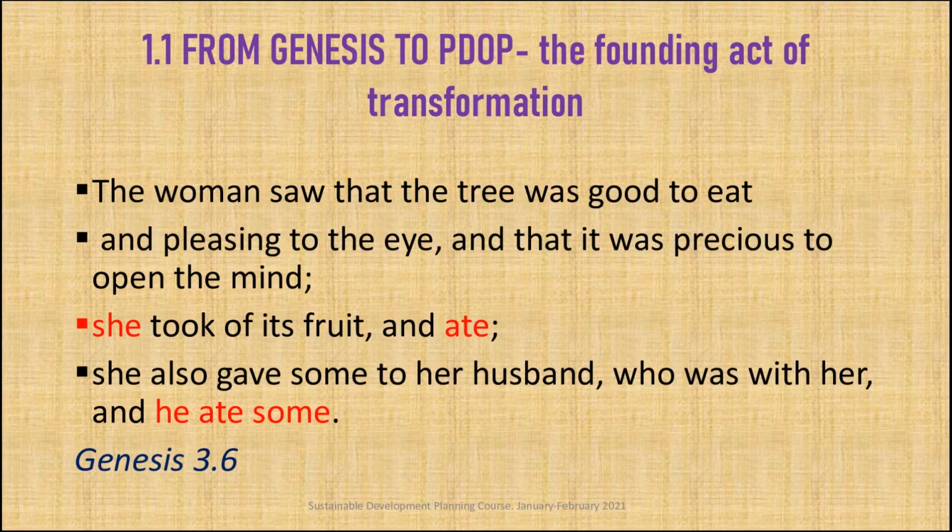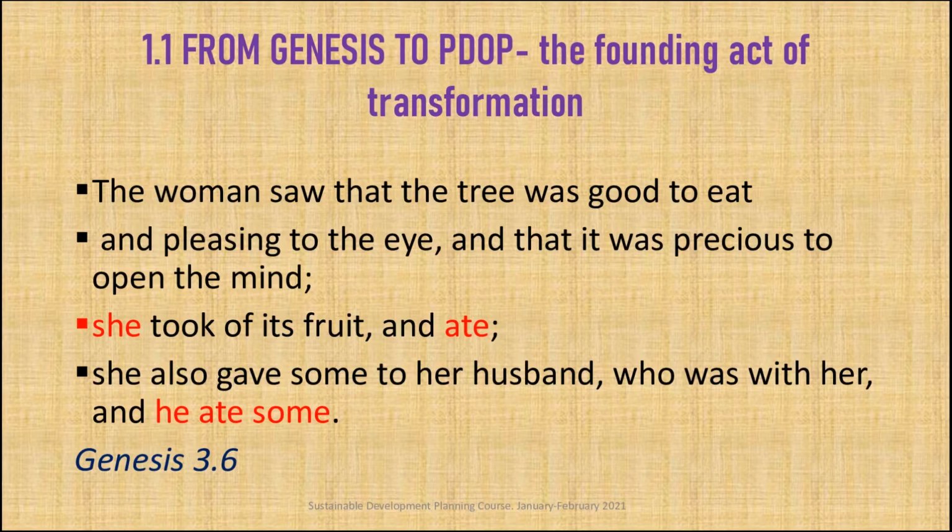So in the Bible, Eve, Adam's spouse, saw that the tree was good to eat and pleasing to the eye, and that it was precious to open the mind. So she took of its fruits and ate.